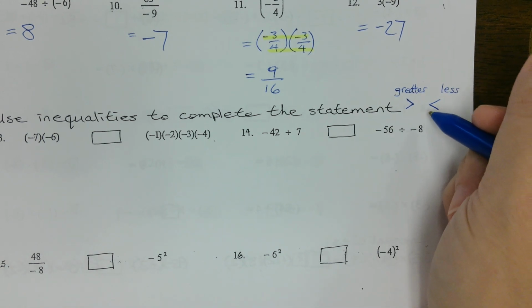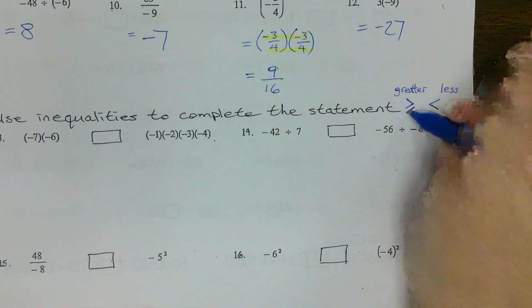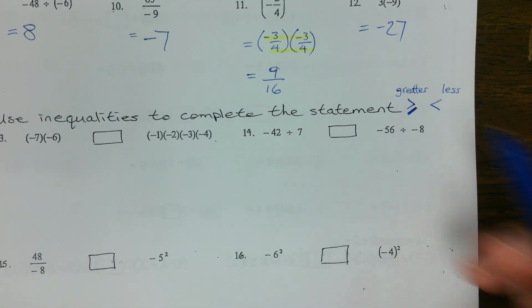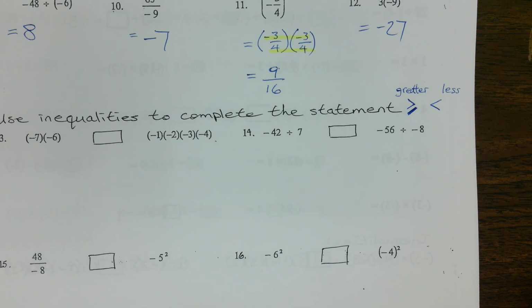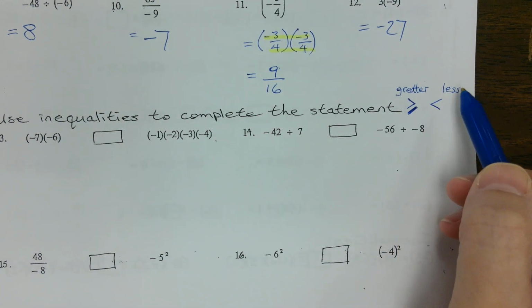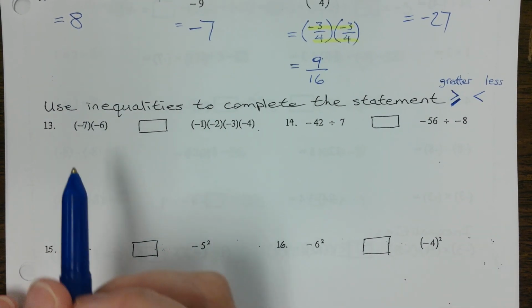Not just the equal sign, but one more line under, right? So this line under means equal to as well, right? So greater than or equal to, and this is just less than. So let's try these ones.